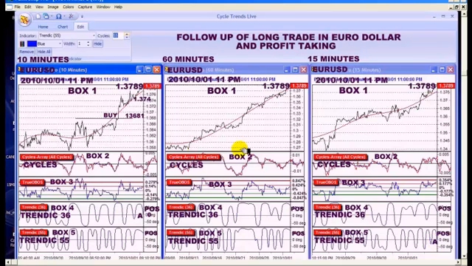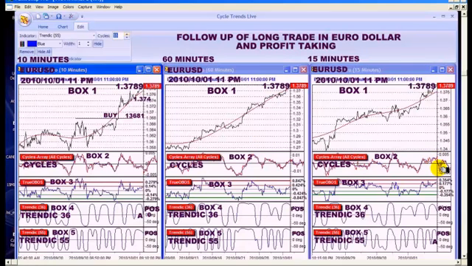And if you look at the cycles here to corroborate what the Trendix are showing, you can see the cycles here in box 2 in the 10-minute period. As I showed you in the example before we decided to go long, the cycles were moving upwards, and you can see quite clearly now in the future zone that the cycle is now pointing in a downward direction, and in the 15-minute period over here, same thing can be seen, downward direction.